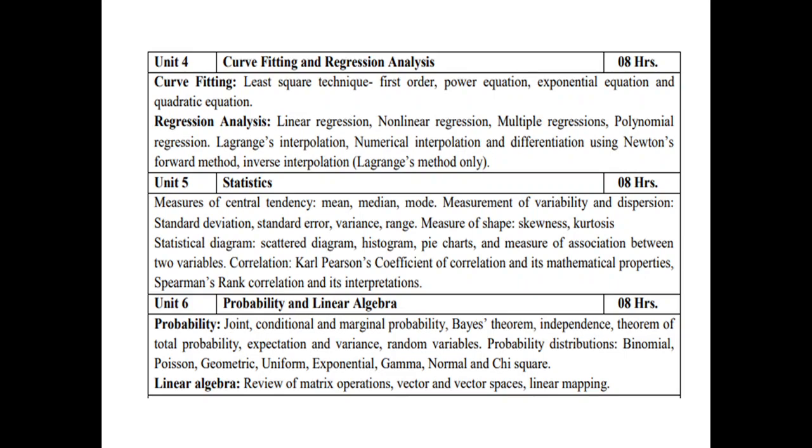Unit number 5 is statistics. You found the mean, median, and mode in the engineering mathematics subject. Same thing here. You have to find the central tendency and measure it with the help of mean, median, and mode.